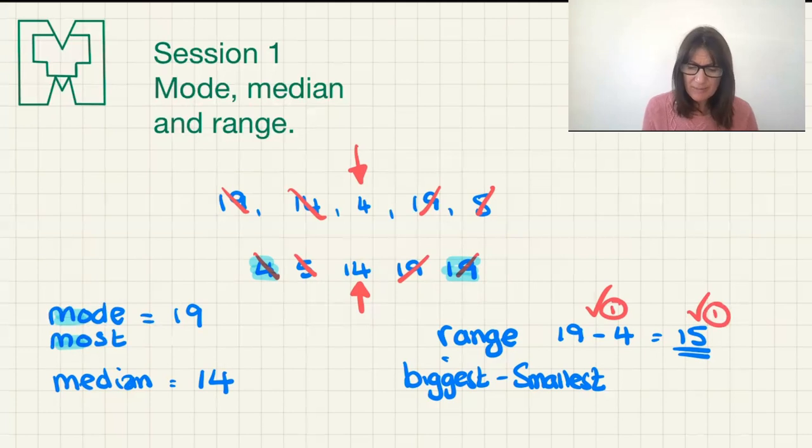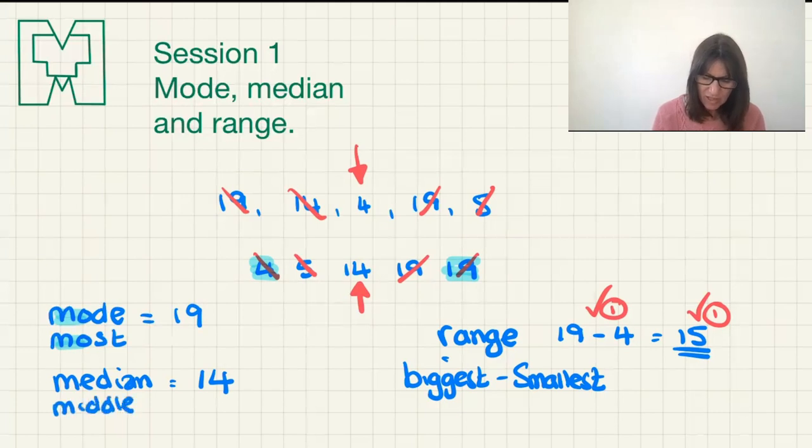So when it comes to remembering, obviously mode has that moo sound to it. Median is middle. I should have written this down when we were talking about it. So they've kind of got the M and D in both parts. I've got the M and the D, the M and the D, and it kind of makes that mid sound. I've got median, middle, mid.